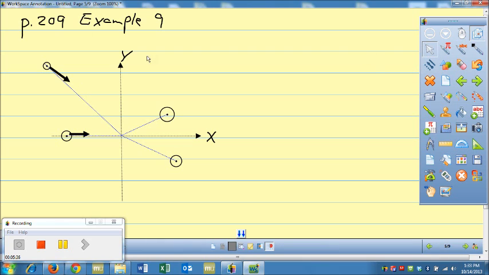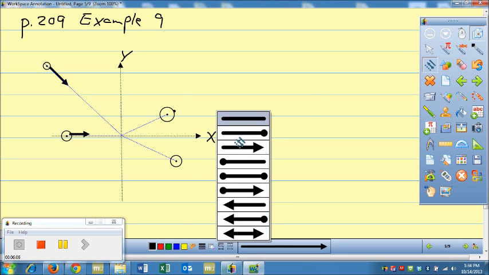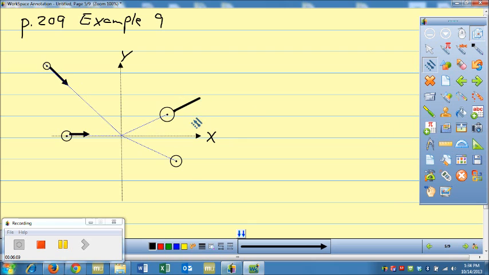So this one's got a velocity heading out this way. And this one's got a velocity heading out this way.